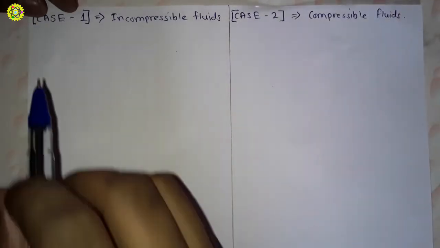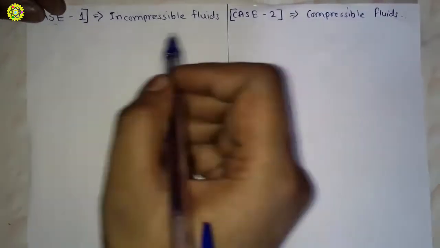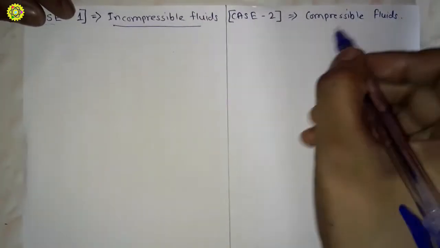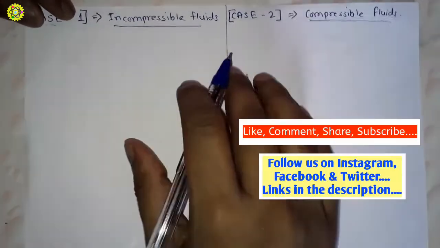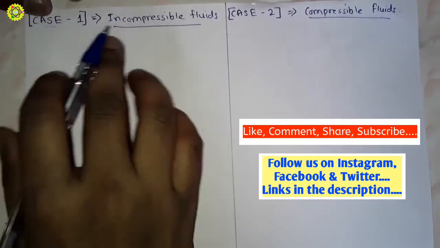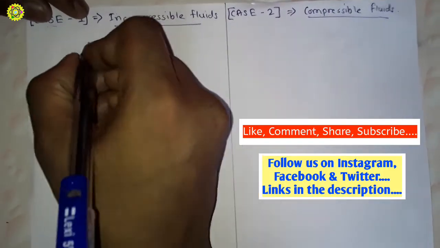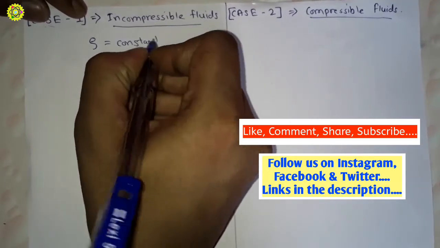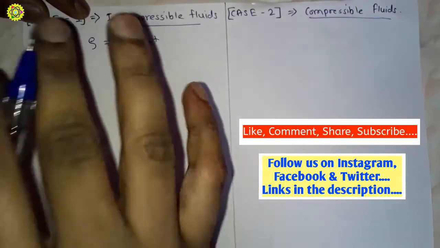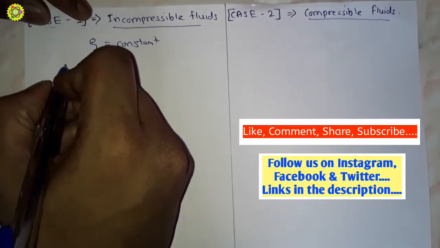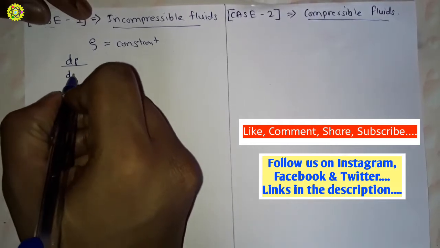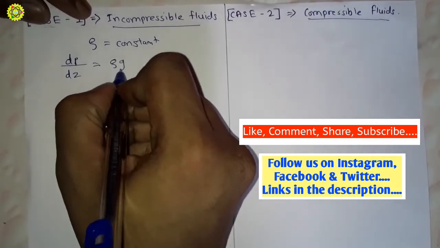So now friends, there are two cases. Case 1 is incompressible fluids, and case 2 is compressible fluids. In case 1, incompressible fluids, rho, that is density, is equal to constant. Let's take our hydrostatic law, which is dp upon dz is equal to rho g.